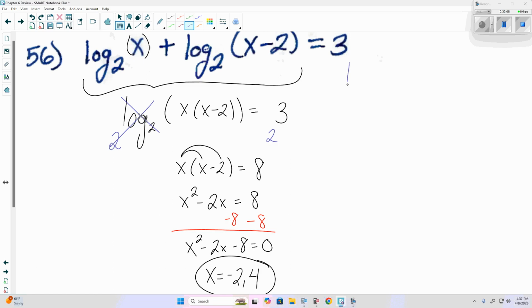Two solutions, it'll be good to check. We can start with negative 2. Well, we can almost throw this out immediately.